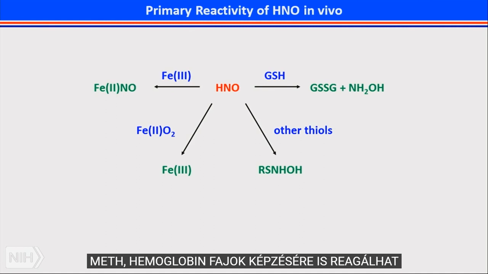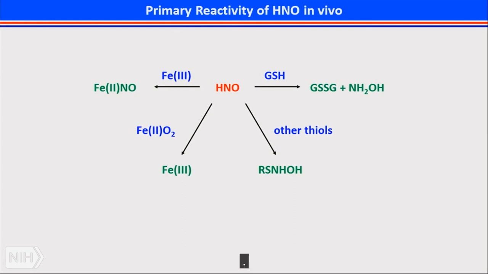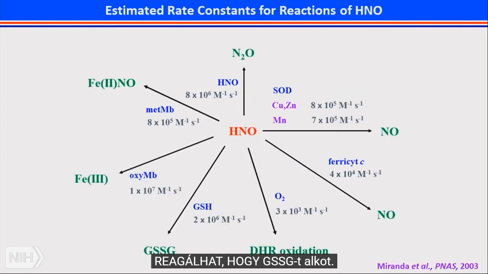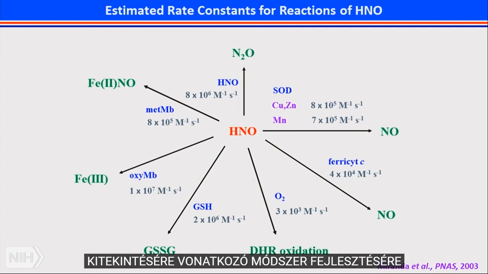It can react with thiols to form GSSG in the presence of excess thiol, or these N-hydroxysulfonamide species. So these are some of the relevant rate constants, and these rate constants are not only important in biology, but they have been utilized for development of methods for detection of HNO.